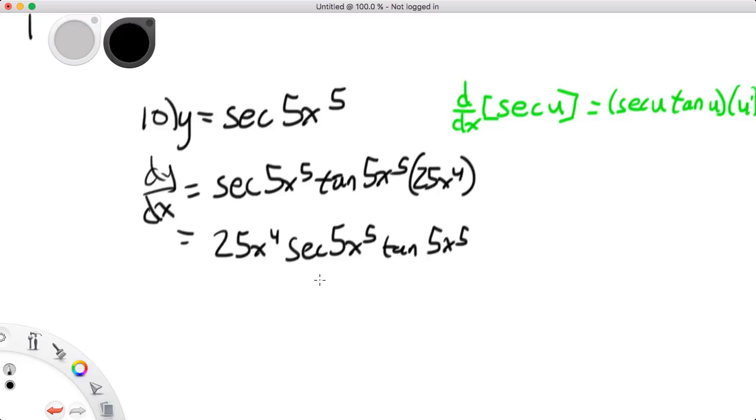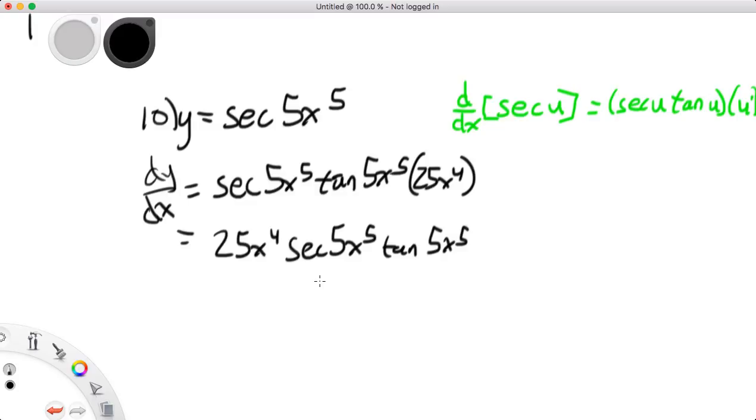Okay? And we're just going to see that these derivatives are not difficult. You just need to memorize them and then use them correctly. So just remember, keep that 5x to the 5th intact. Secant of 5x to the 5th times tangent of 5x to the 5th, okay, times 25x to the 4th.